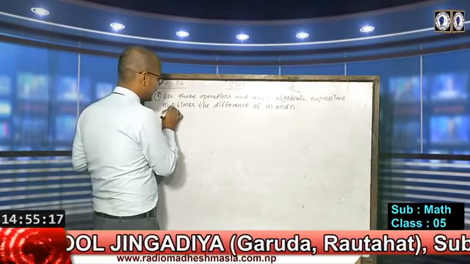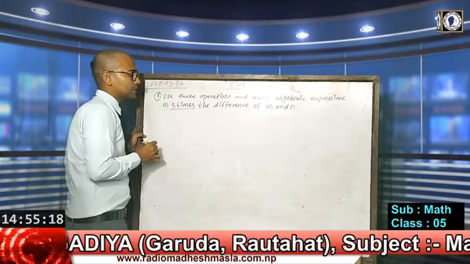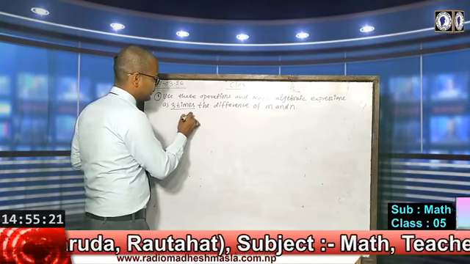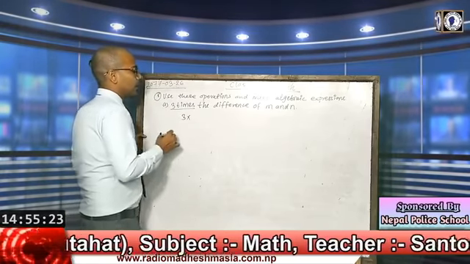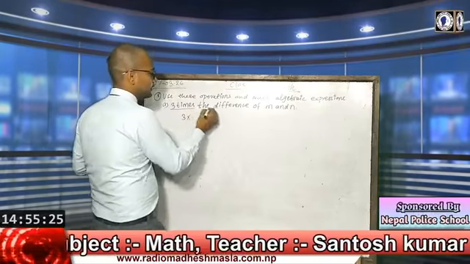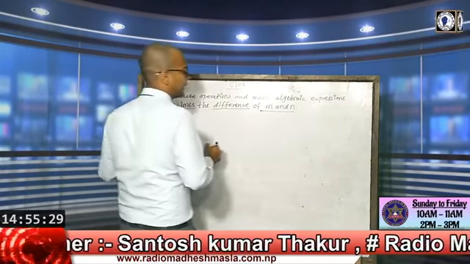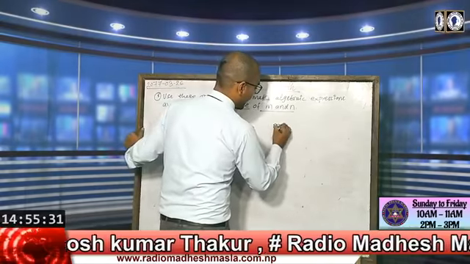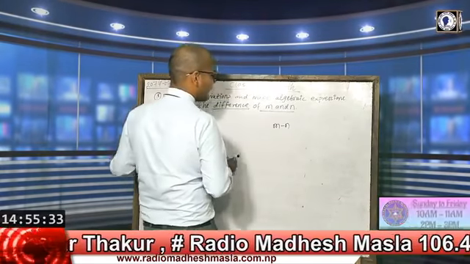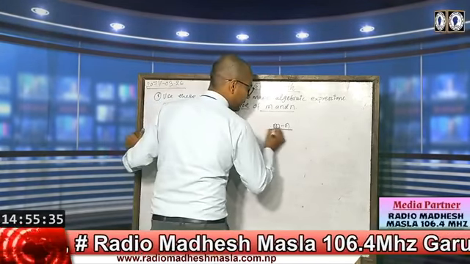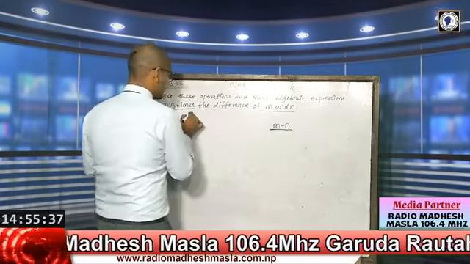As we know, times means multiply, so 3 should be multiplied by the difference of m and n. What is the difference? The difference of m and n. So the difference of m and n is multiplied by 3.